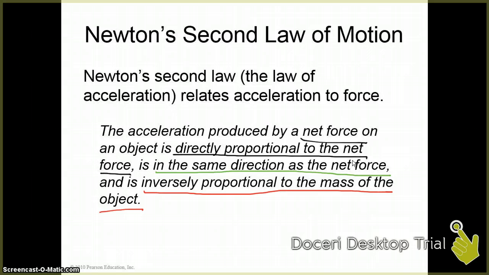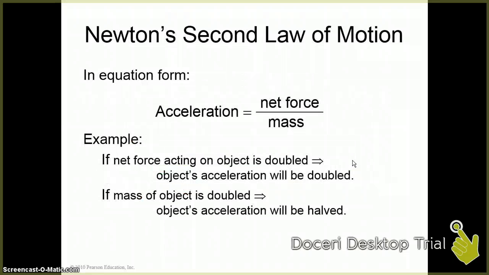That's what inversely proportional means. Increase the mass by 3 times, the acceleration is going to decrease by 3 times. If the mass increases by 3 times, then the acceleration is going to be a third of what it was before. That's what inversely proportional means. And that is the second law of motion.